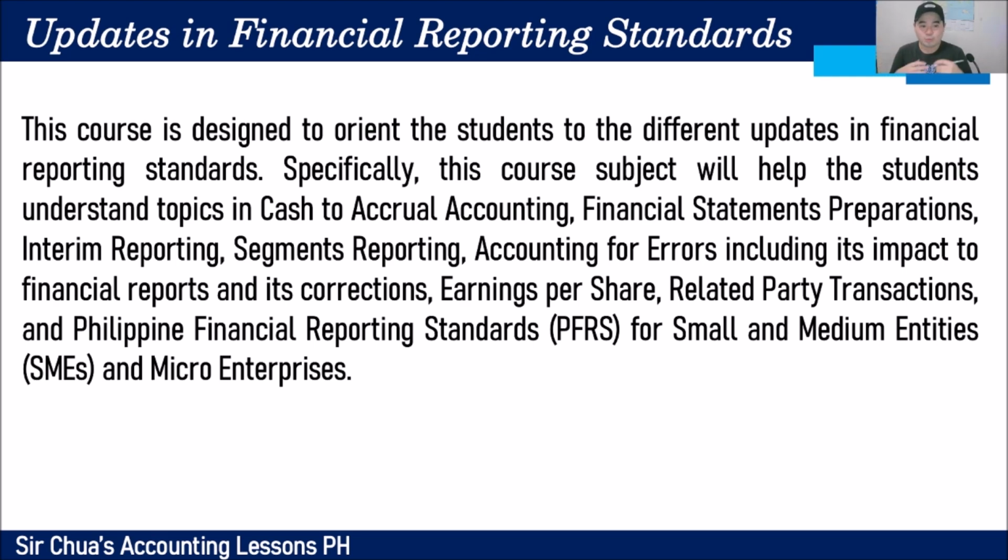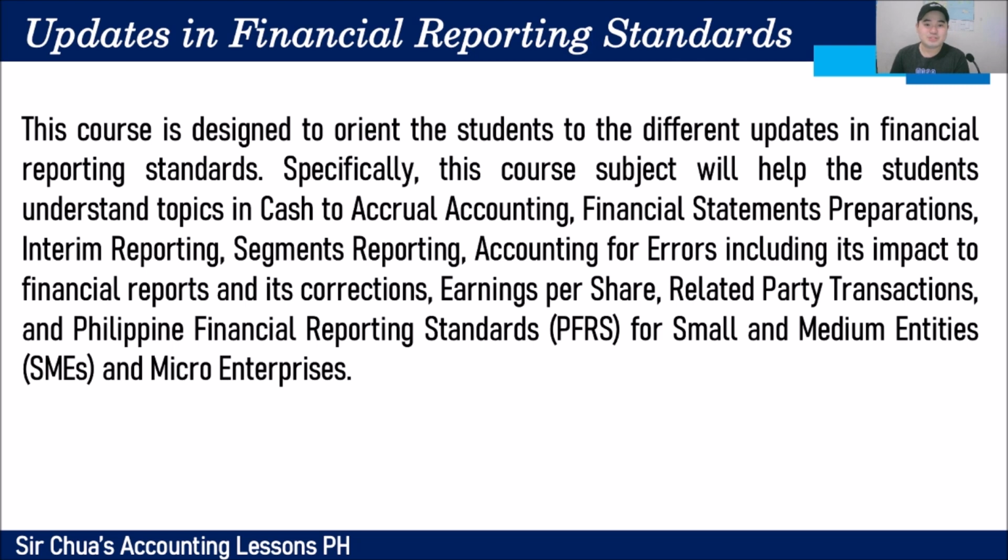The course will help you understand cash to accrual basis of accounting, financial statement preparation, which is your statement of financial position, comprehensive income, changes in equity, cash flows, and the notes. Okay? And then interim financial reporting, segment reporting or operating segments, and then accounting for errors, including its impact on financial reports, how to correct them, and also the adjustments that we need to do on them.